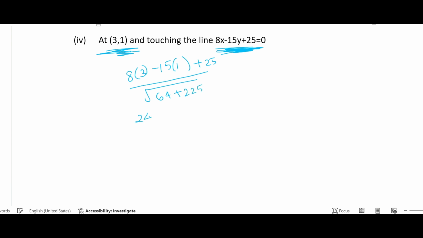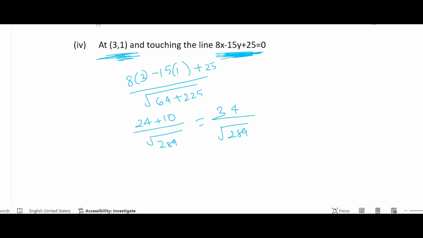So it's going to be 8 3s are 24 minus 15 plus 25 is plus 10 upon under root 289. Right? So now what you can do is, this is 34 upon under root 289.